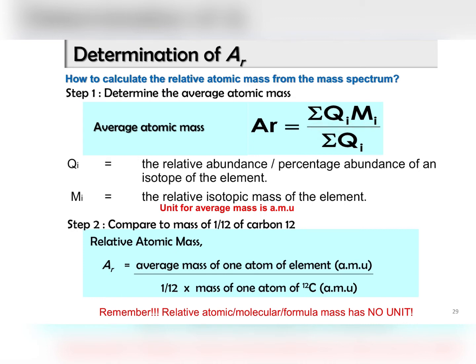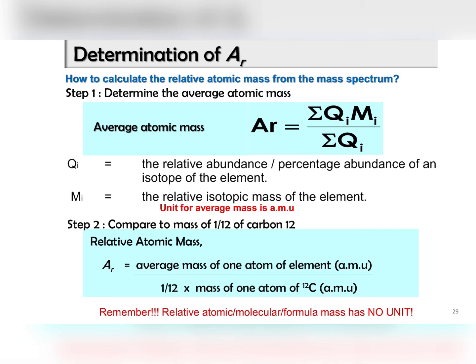So key here, Qi represents the relative abundance, or if the question or mass spectrum gives percentage, then you put in the percentage value of the isotope of the element, and then Mi is the isotopic mass of the element.